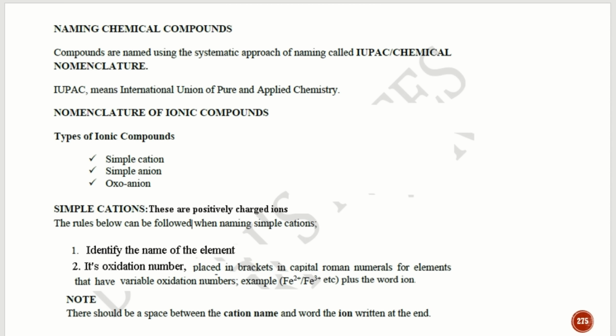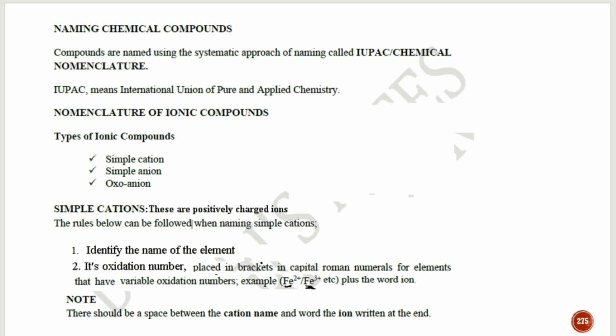When we talk about a compound with a variable oxidation state, it's a compound or an element that has more than one oxidation state. In an example like iron, we have iron existing in more than one state. So we have iron 2 and iron 3.